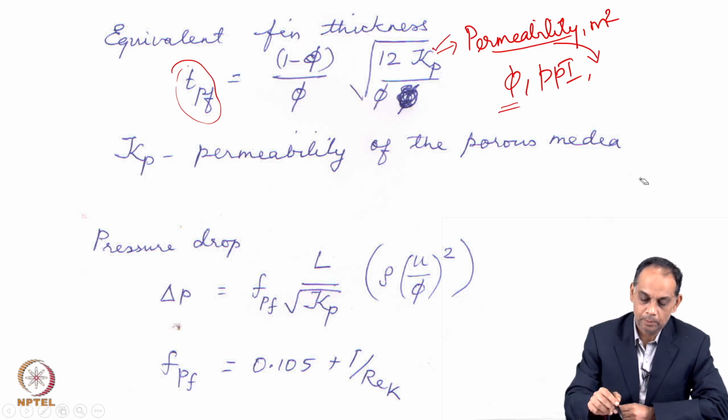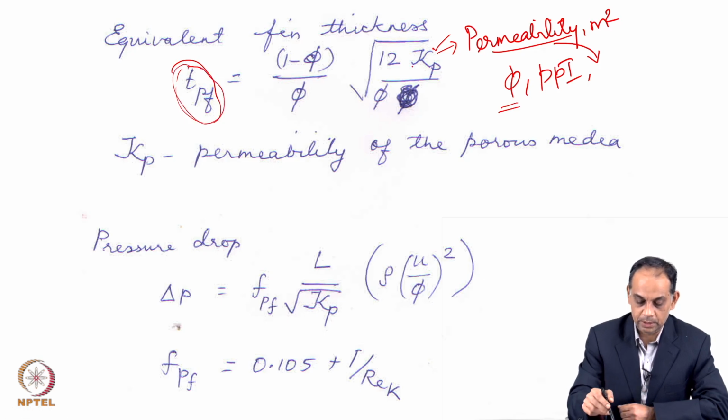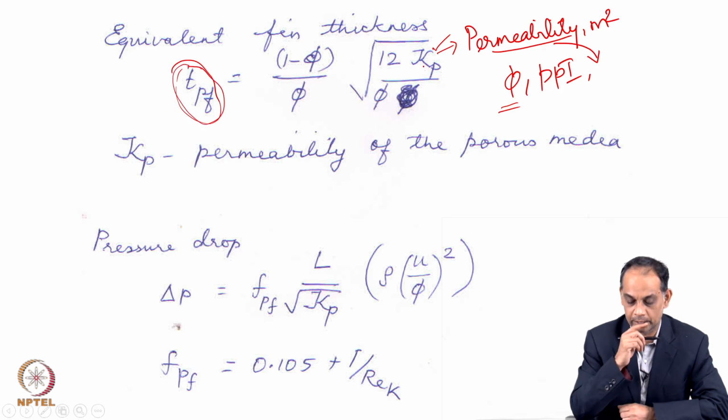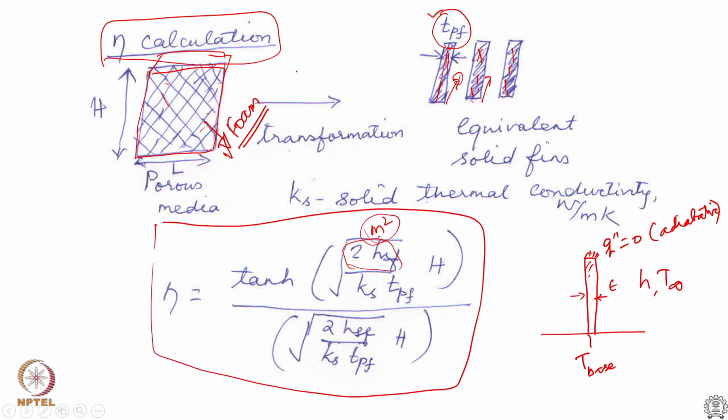Using the permeability relationship for parallel plate heat sinks, we get the permeability expression. From there we calculate a thickness expression. Essentially the same thing can be used, and we use that expression for TPF, the thickness of the porous fin, which was discussed here.